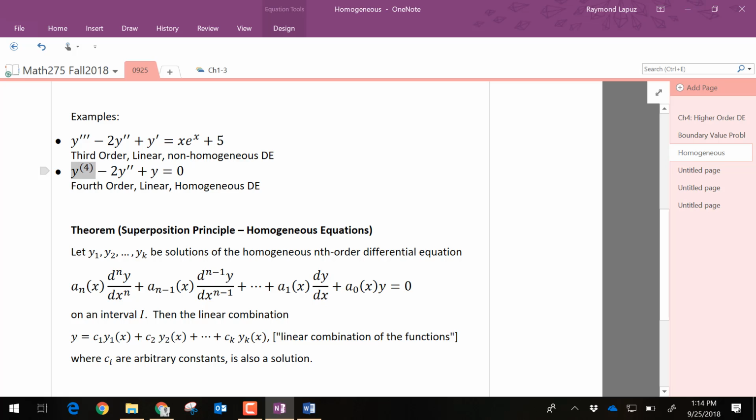So let's take a look at this function right here. Let me see if I can come up with an equation that would make this true. e to the x. Would e to the x work for this?